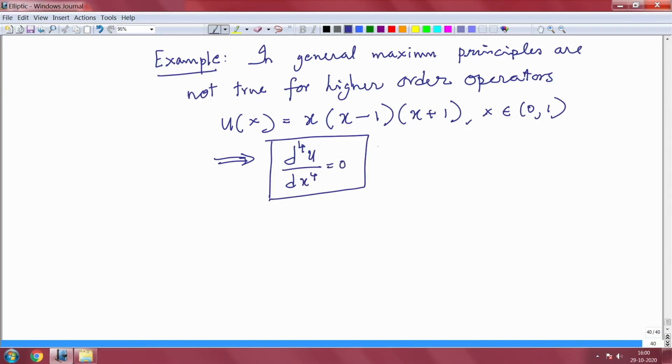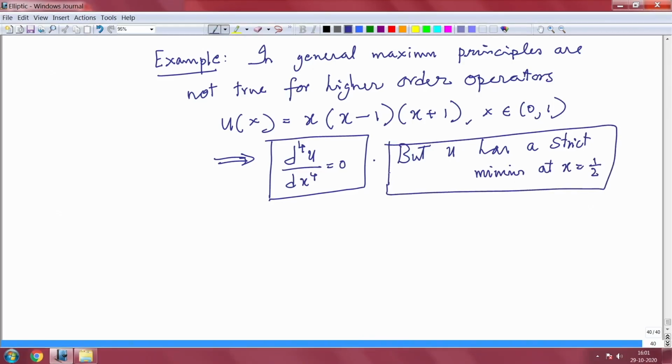So u satisfies this 4th order operator d^4/dx^4, but u has a strict minimum at x equal to half, which is an interior minimum.